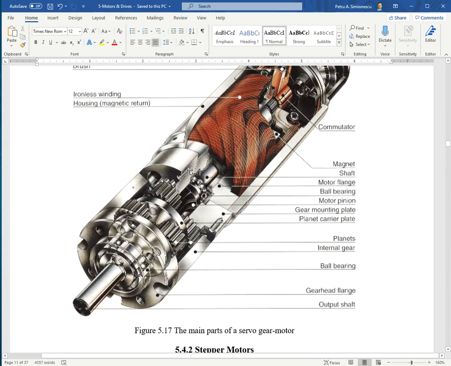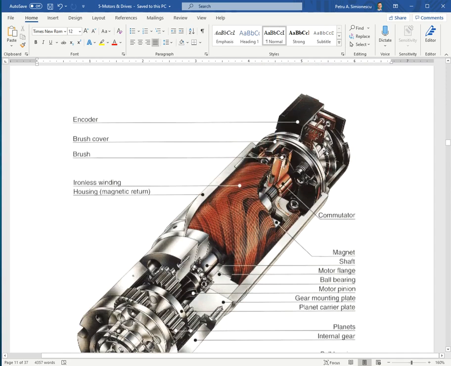As you can see, this is a planetary type gear, two-stage apparently, but they also have an encoder on the shaft, which allows the electronics that control the motor to tell what the position of the shaft is. They could be absolute encoders or relative encoders. This appears to be a relative encoder.